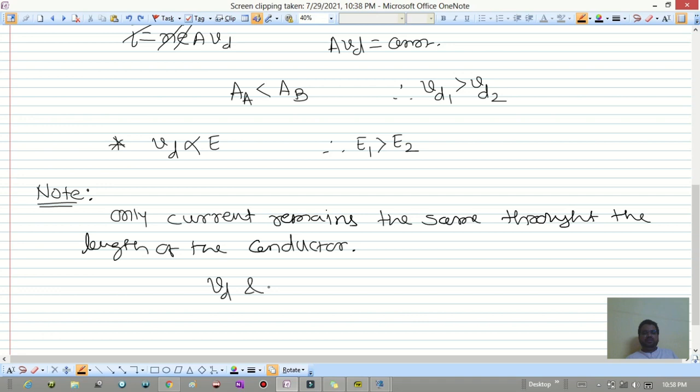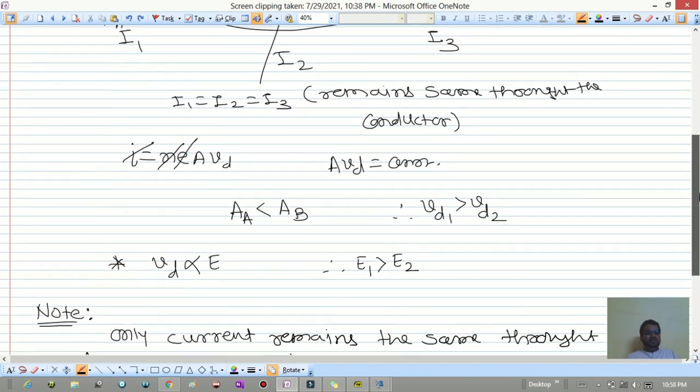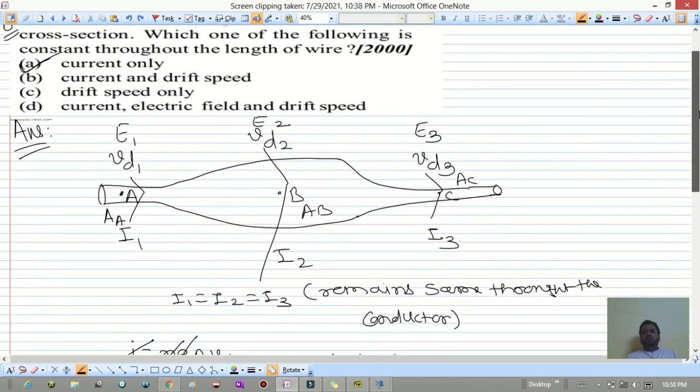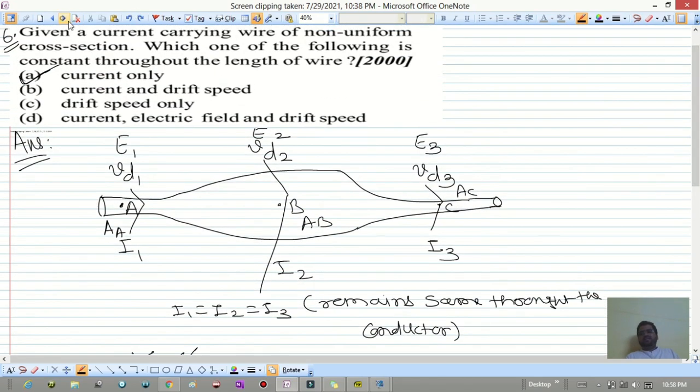Drift speed and electric field will change with respect to area. If area changes, drift speed and electric field change. So I hope this is clear. Now the next problem, that is the seventh problem we have.